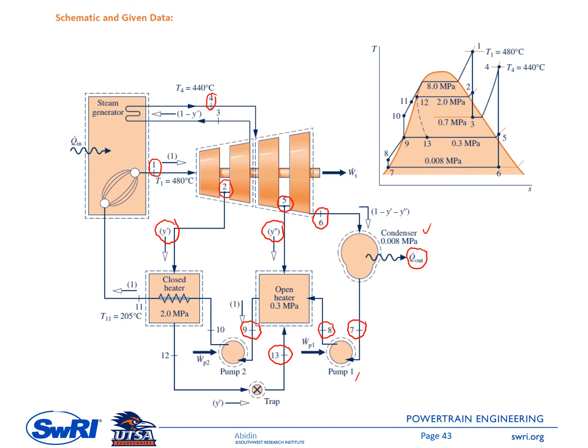Okay, and then this condensate is pumped by pump number 2, going into state number 10, and then it mixed with the extracted working fluid, state number 2, going... oh sorry, it doesn't mix. This is a closed feed water heater.